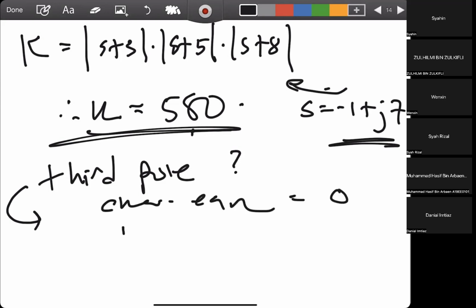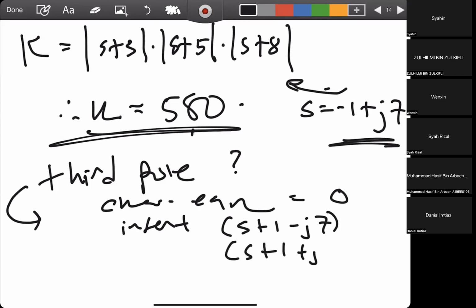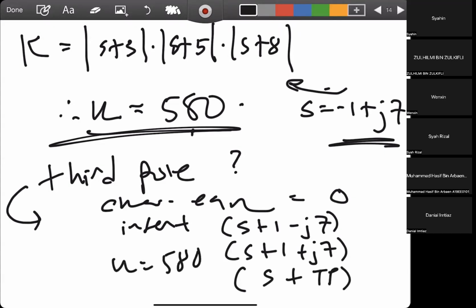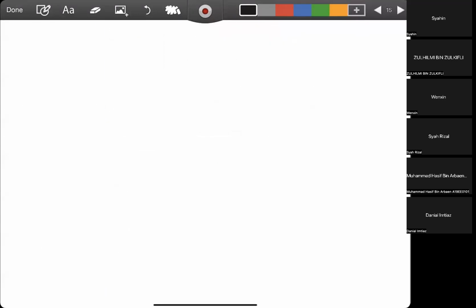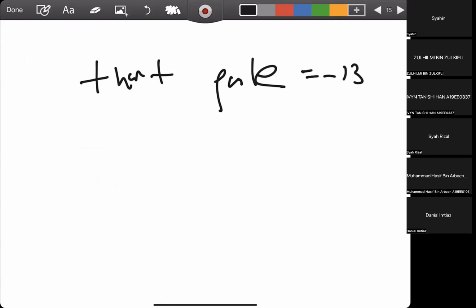Then insert s plus 1 minus j7, s plus 1 plus j7, then s plus the third pole, TP, then K equal to 580. So you use a calculator, then you will get the third pole equal to minus 13.94.